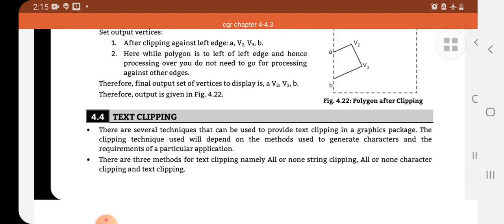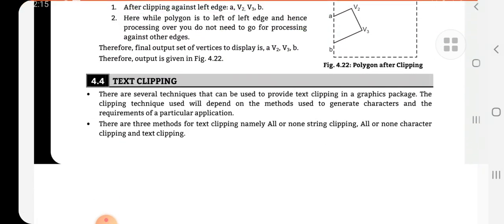After that, the next topic is text clipping. There are several techniques that can be used to provide text clipping. In previous slides, we have discussed line clipping.